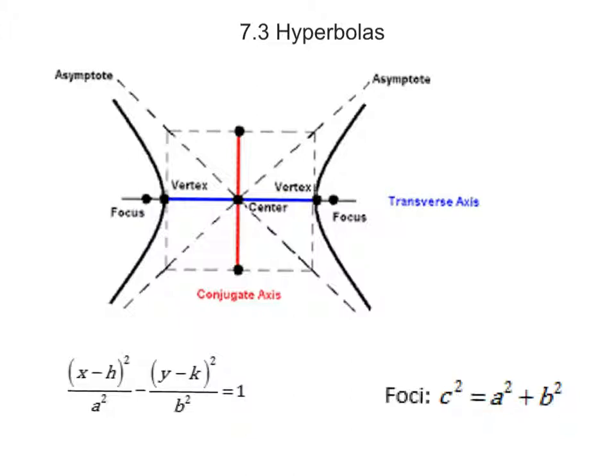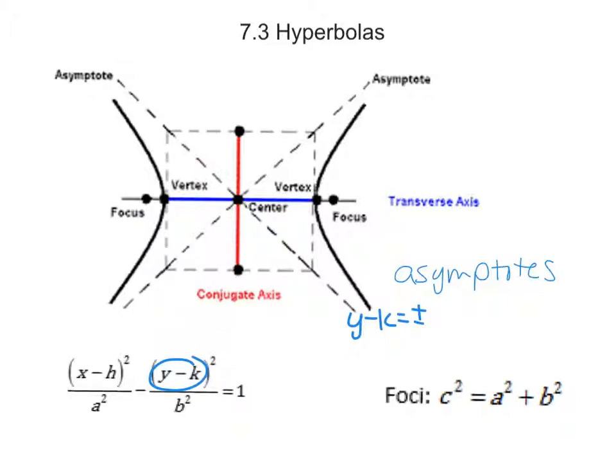The other thing on here is for your asymptotes. You're basically going to take your numerator here. So for your asymptotes, let me change my pen width. You're going to take the y minus k part, plus or minus, because you're doing point slope form.